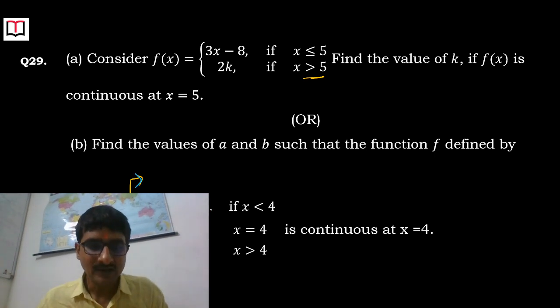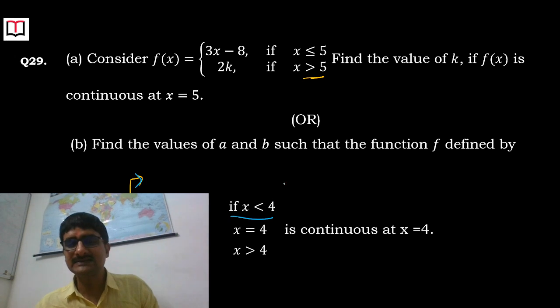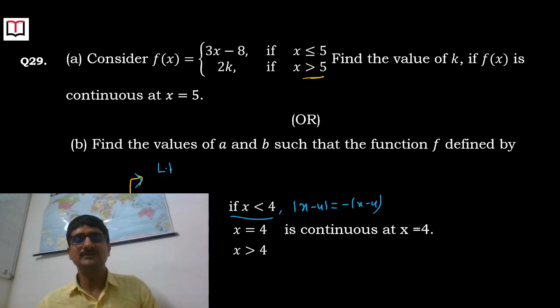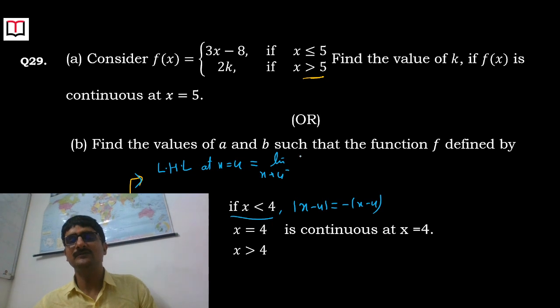Anyway, so x is less than 4. When x is less than 4, we'll be replacing mod of x minus 4 by minus times x minus 4. So LHL at x is equal to 4 will be the limit as x tends to 4 from the negative side, which is minus x minus 4, so minus 1 plus a, so it's a minus 1.